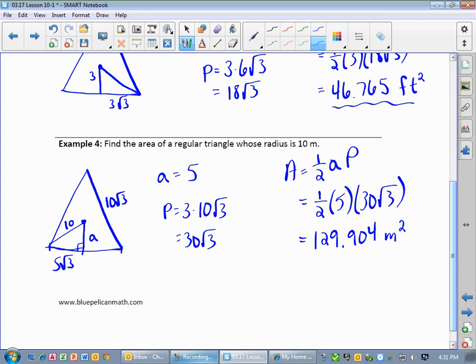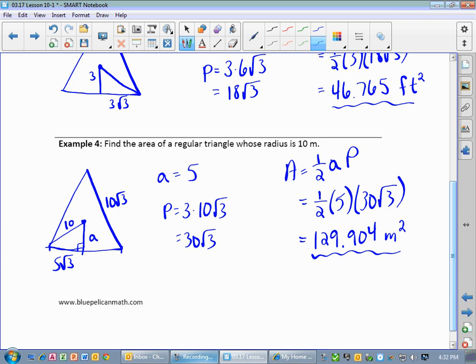So 129.904, and again we have units, so I'll include them as an answer. Given radius, we find apothem, and given side length, find perimeter. Okay.